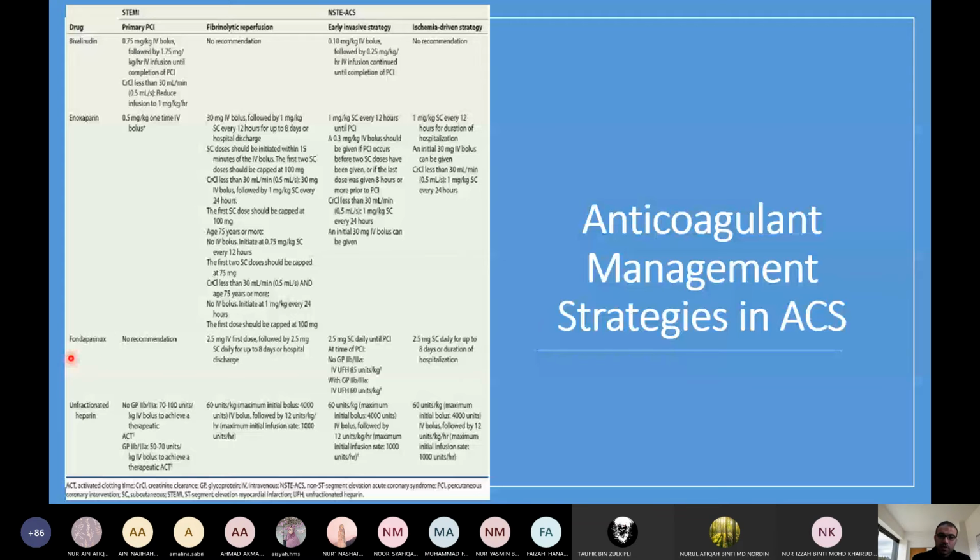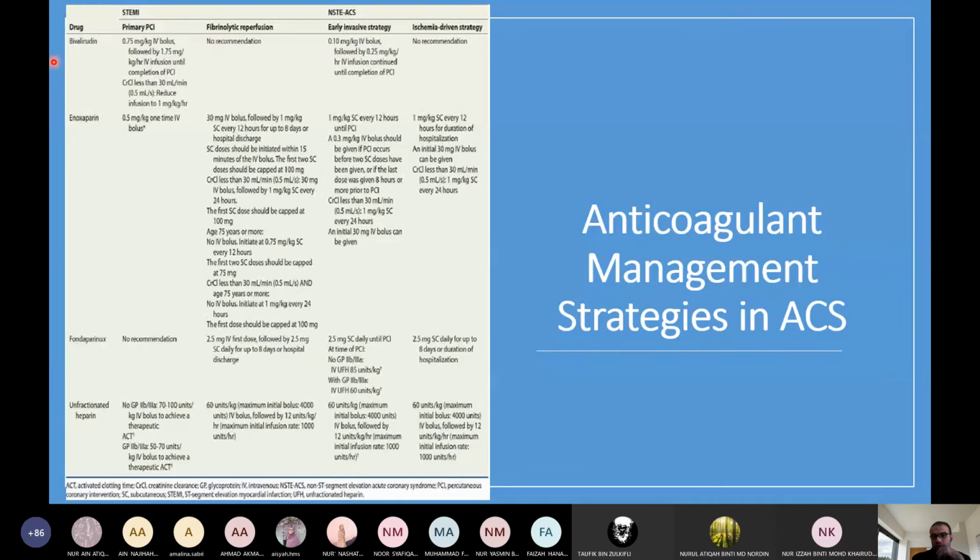So overall, to close this page on the anticoagulant, you can see here the bivalirudin, all the indications: STEMI, primary PCI, fibrinolytic; non-STEMI, early invasive, ischemic guided.